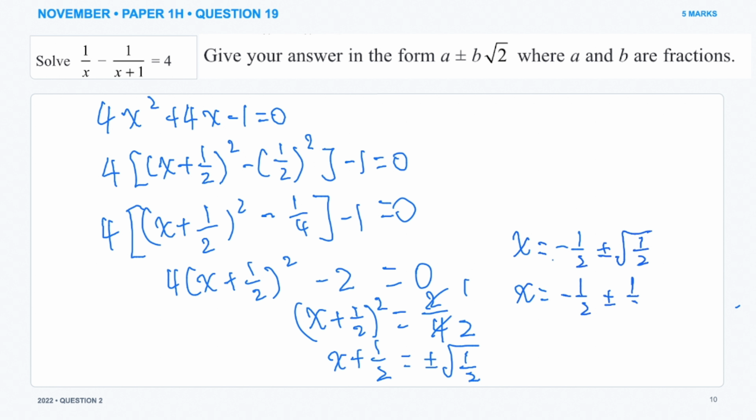We're going to have a half square root of 2. Why? Because if we put this back up here, we can simplify square root of 2 over 2, because this is just square root of 2 squared, we're going to be left with 1 over 2. So that will be it for this question. That's our final answer. That's 5 marks.